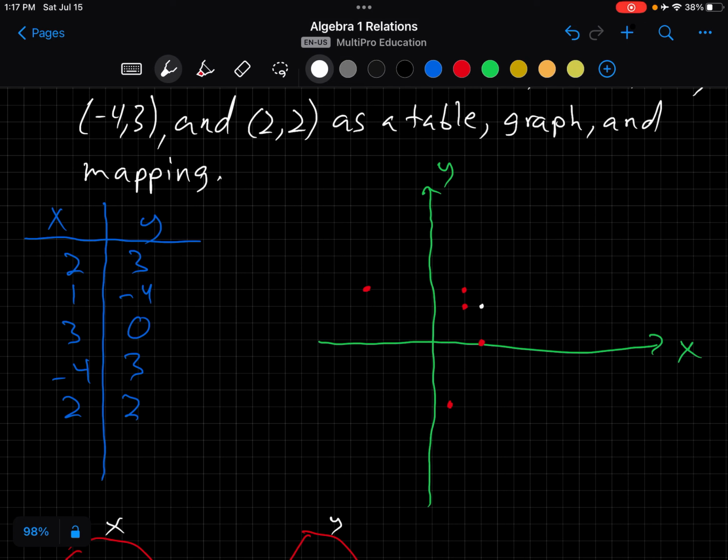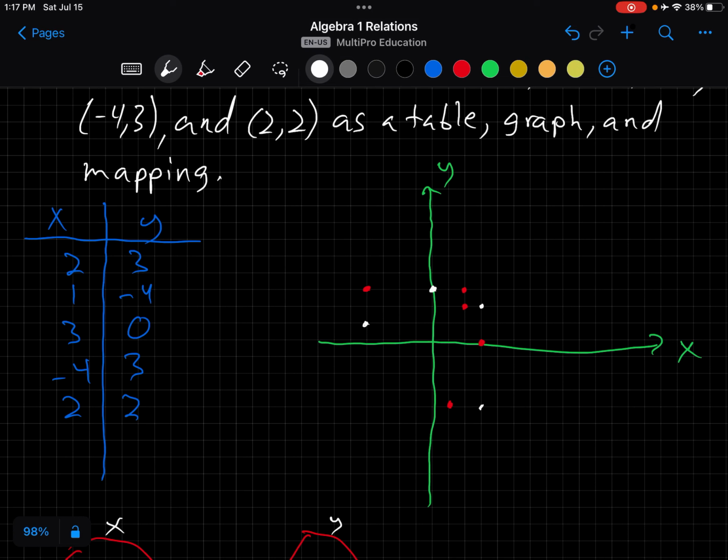So now we have 3, 2 instead of 2, 3. Now we have minus 4, 1. Now we have 0, 3 instead of 3, 0, which was over here. Now we have 3 minus 4.